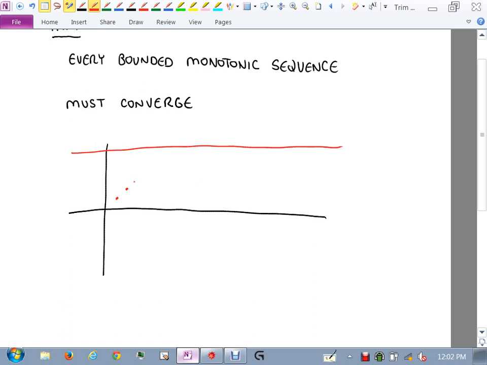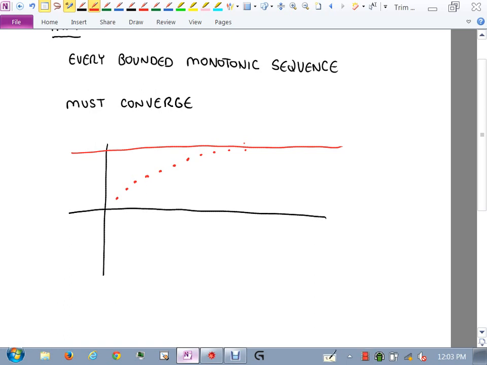Increasing, but bounded. Then the fact that I can't go any higher, but the fact that I have to keep getting closer would force me to converge to something.